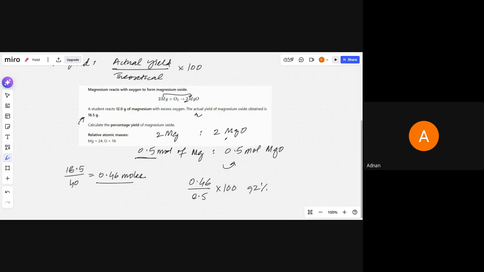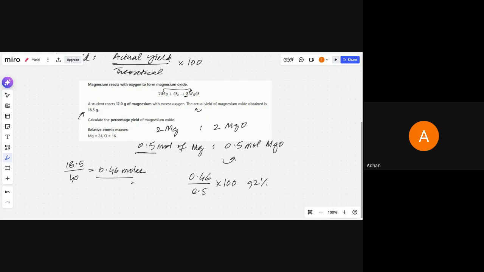Let us solve another question now. I'm going to convert this into mass, and let's see if I can get the same answer. Instead of moles, I'm going to use mass for both the actual and theoretical yield. So 0.46 times 40 will give me the mass of magnesium oxide.